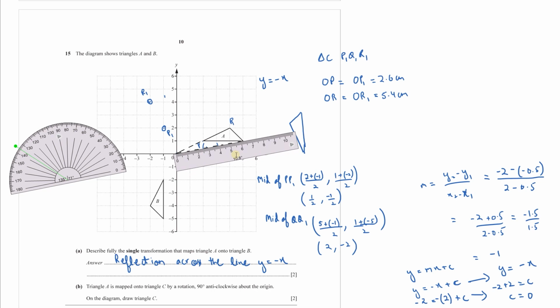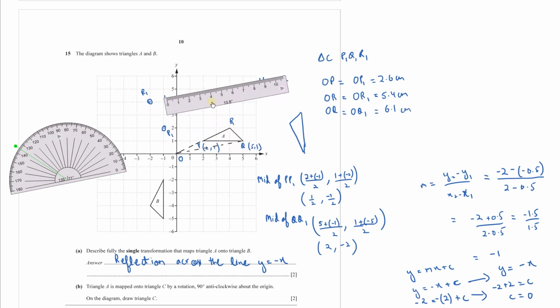So my OQ, which should also equal OQ1, is 6.1 centimeters. Now I will reorient my ruler to this 90-degree line here, like this. And then I have to go up to 6.1 centimeters. So this is 6.1.